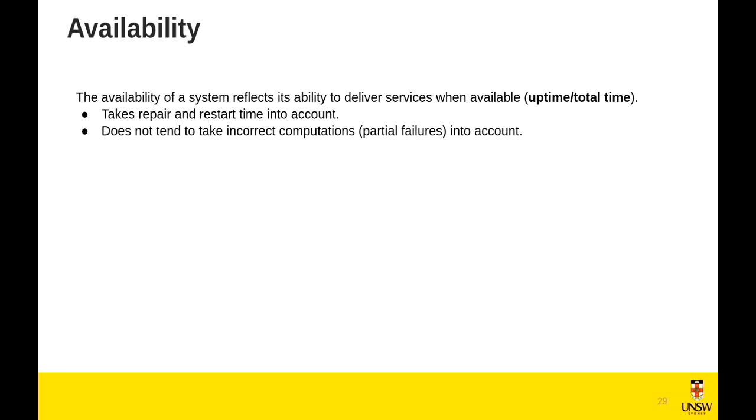And we should take repair and restart time into account, which means that if the system is under repair or is restarting, then the system is not considered as up, so it's not counted as uptime.